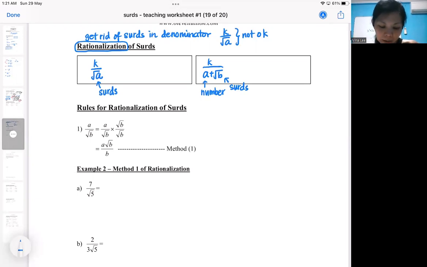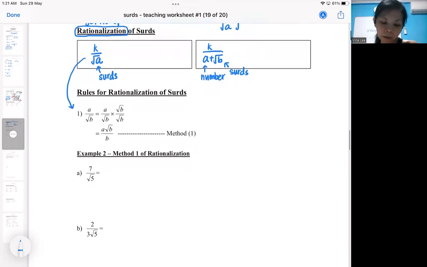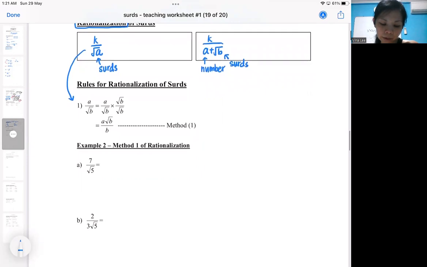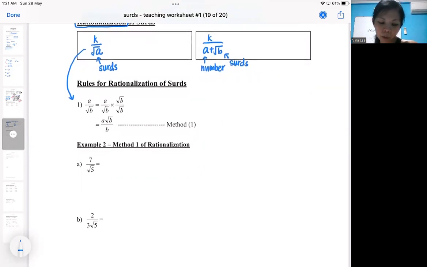So the first one is the easiest. Okay, so the first one, we're going to use this method. I think it's easier if I show you the first method using a numerical sample. So how are you going to get rid of the root 5? You multiply root 5 over root 5.